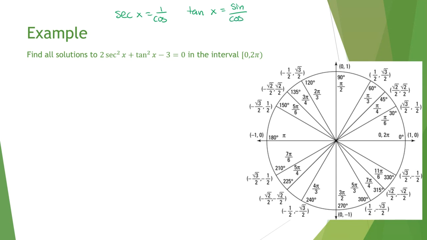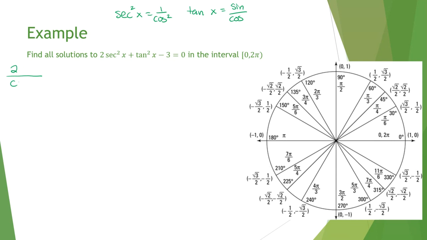So let's just convert both of those and see where this takes us. So 2 secant squared of x. So secant squared would be 1 over cosine squared, because if I squared both sides, that'd be 1 squared over cosine squared.